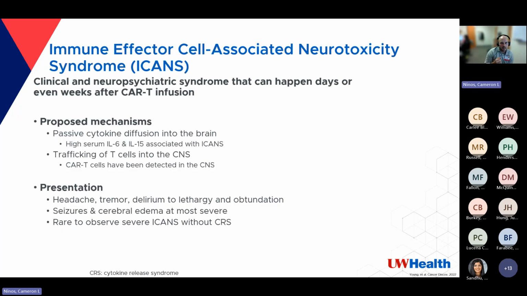That brings us to the other big box CAR T toxicity, which is immune effector cell-associated neurotoxicity syndrome, otherwise known as ICANS. This can happen days to weeks after the CAR T infusion, and is thought to be due to cytokine diffusion into the brain, where your blood-brain barrier integrity actually breaks down a little bit and permits additional cell trafficking, as well as cytokine permeation into the CNS.